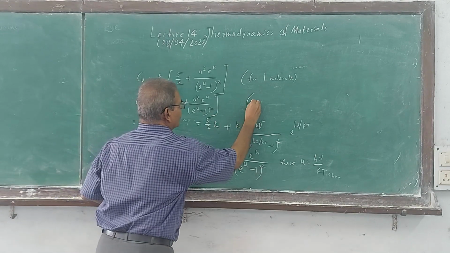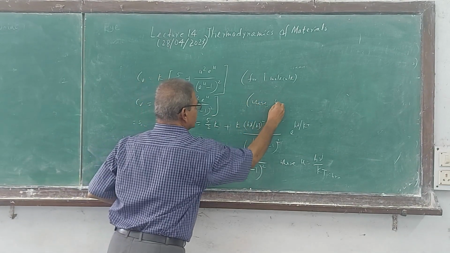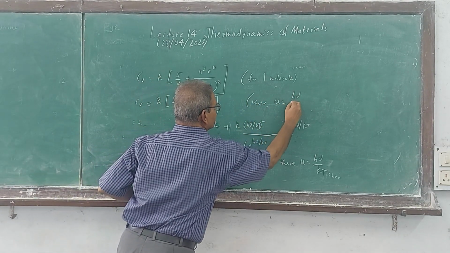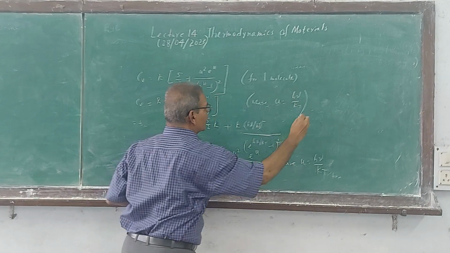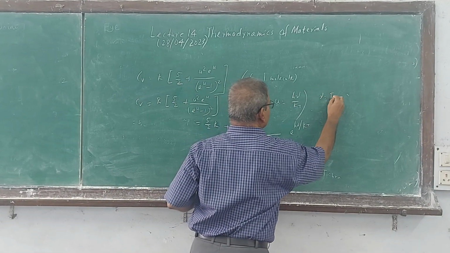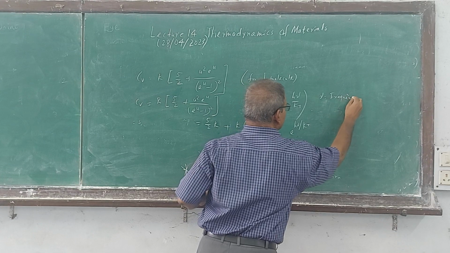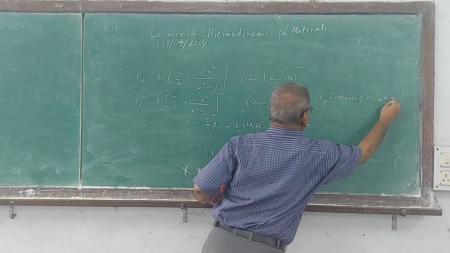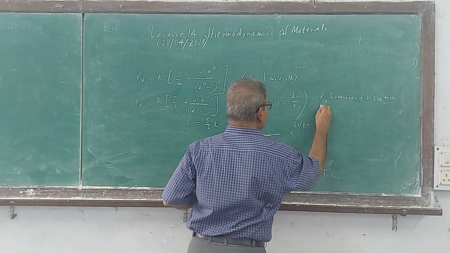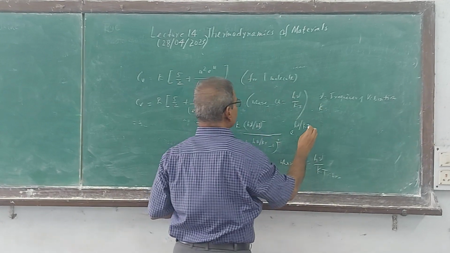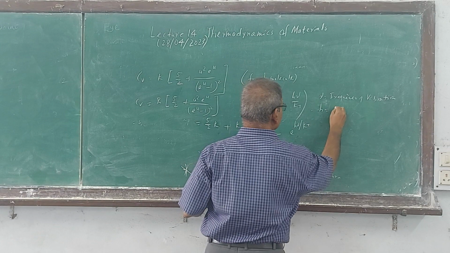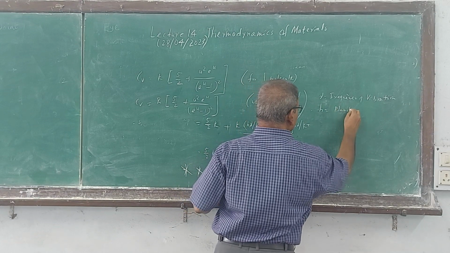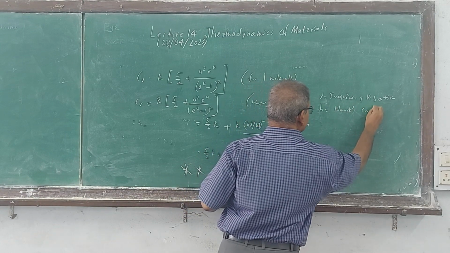Here, once more, U is h nu by kT. What is nu? Nu is the frequency of vibration. h is Planck's constant.